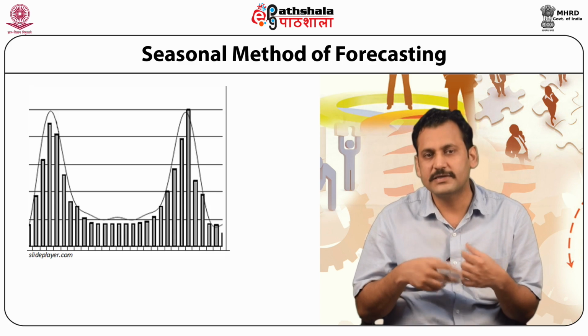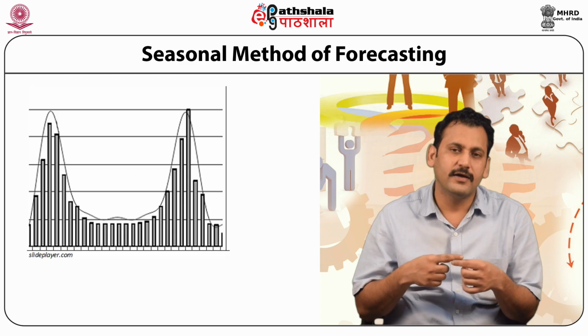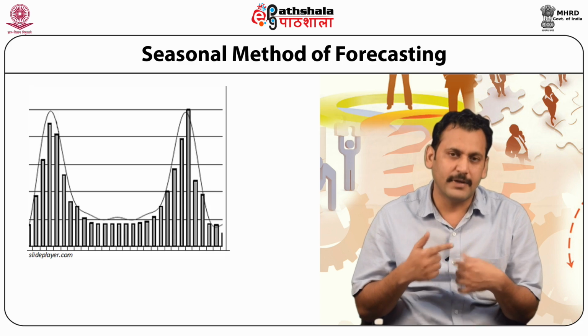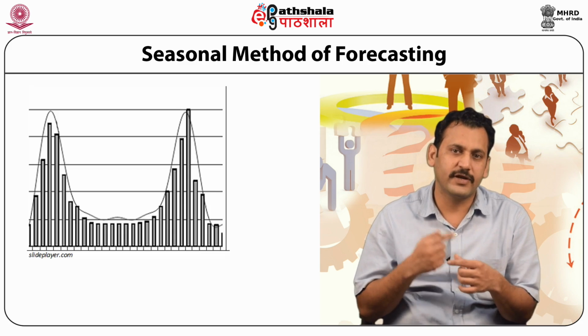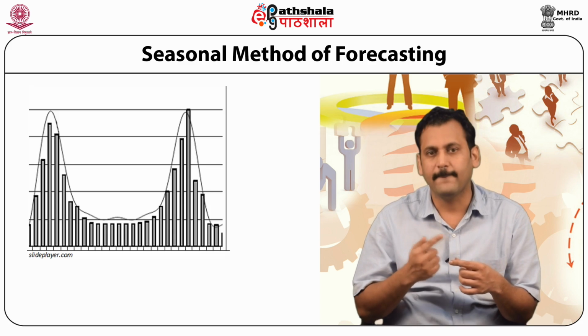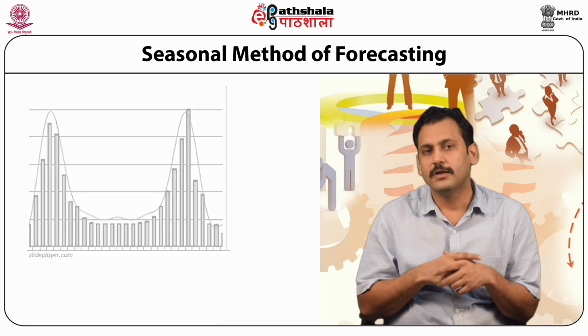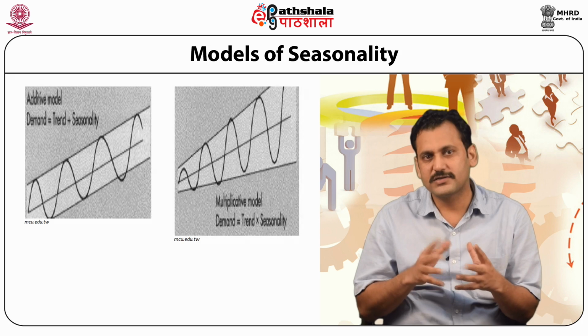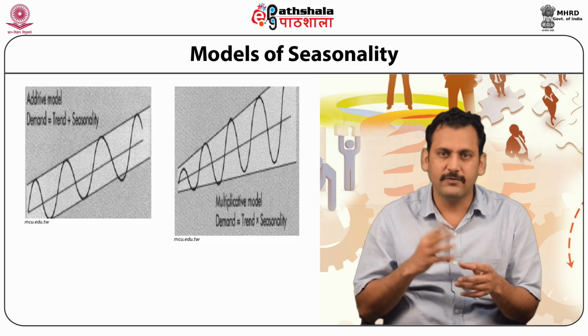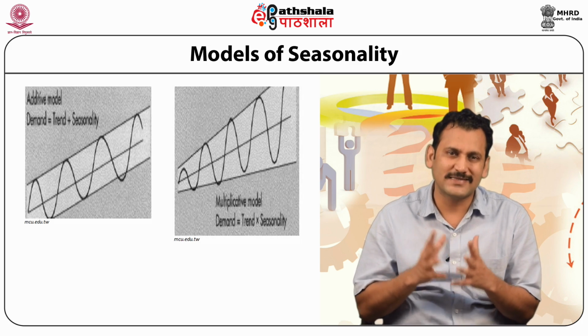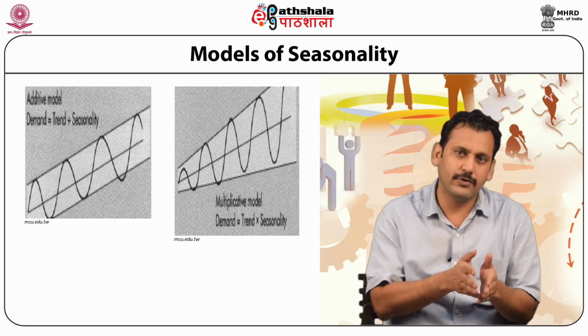This cycle repeats itself every day regularly, making it a seasonal variation where each season is of one day. So if a naive forecast is used, then demand for Tuesday can be estimated as the demand for Monday during peak hours.